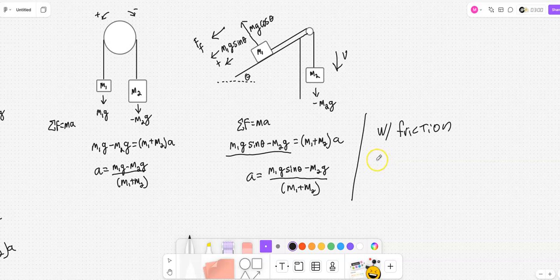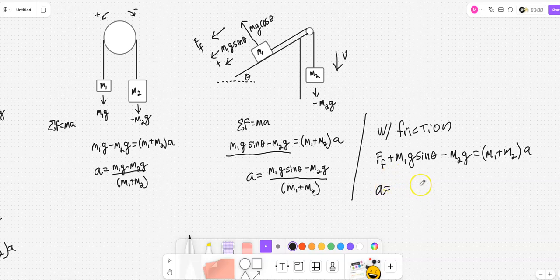So we would have the force of friction plus m1g sine of theta minus the weight of box 2 equals the mass of the entire system times the acceleration.